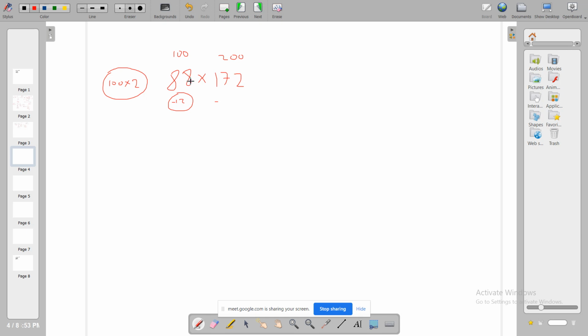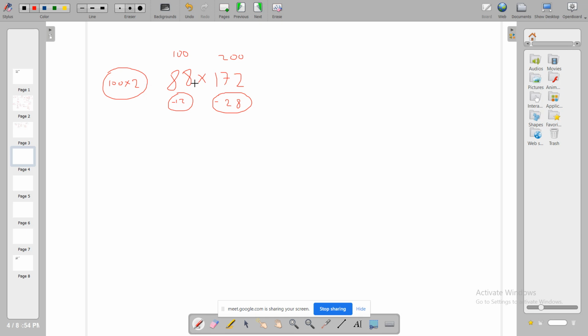Here will be 28. Okay, so now we have our 28 here, and then we have our 12 here.